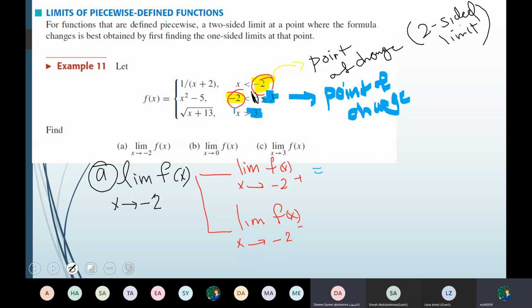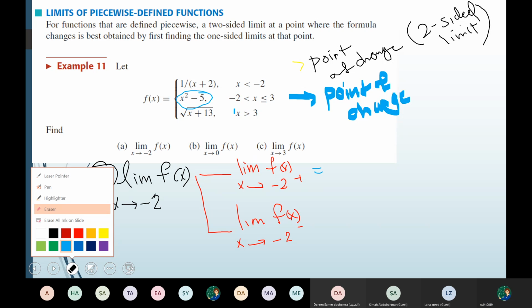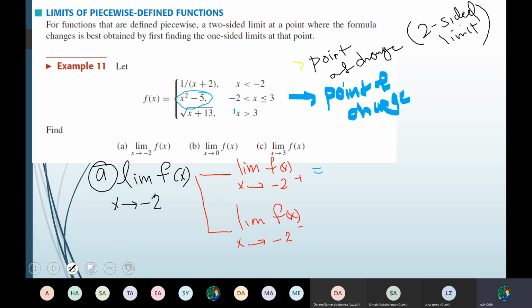Now here, limit of f of x when x approaches negative 2 from the right. Where's negative 2 from the right? You will choose x squared minus 5, thank you, because I'm talking about values that are greater than negative 2.